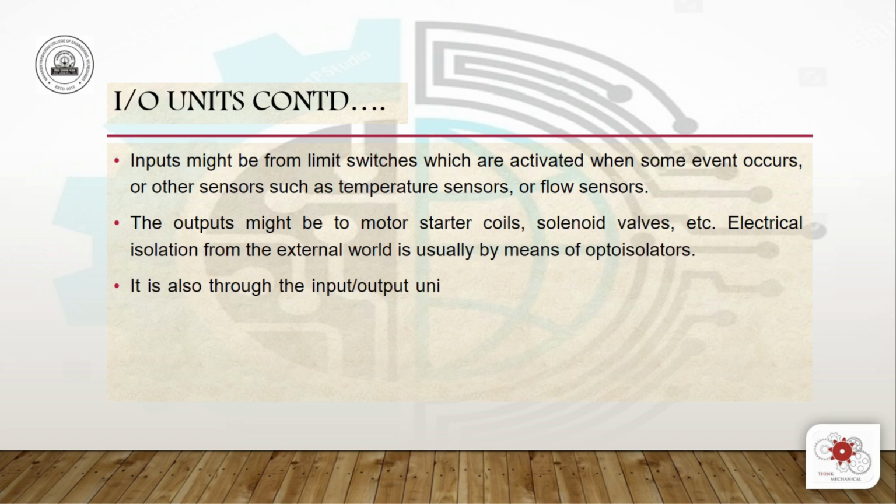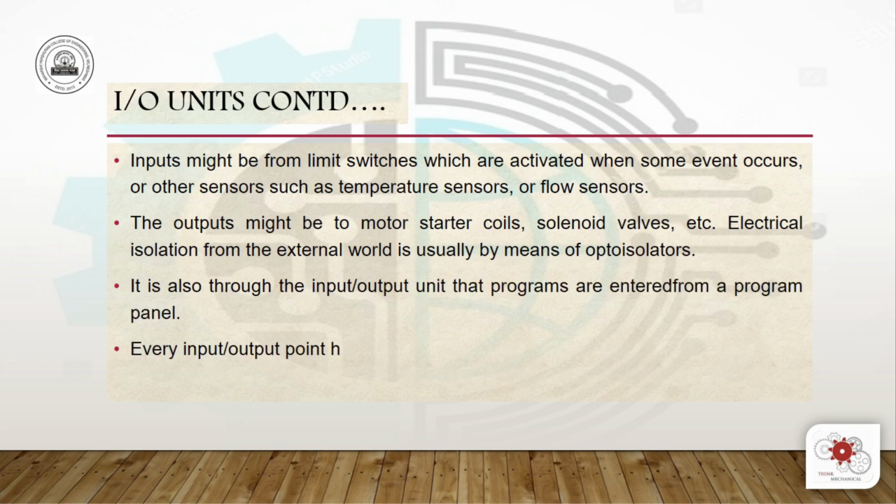It is also through the input output device that the programs are entered from a program panel. So here the input and output unit is used for a programming purpose and to get the result on display.